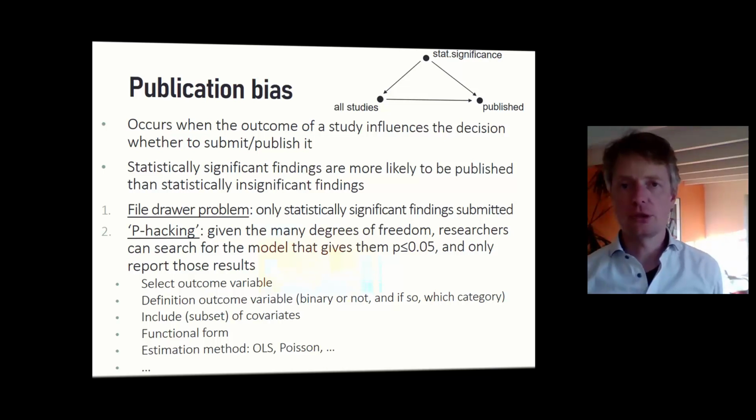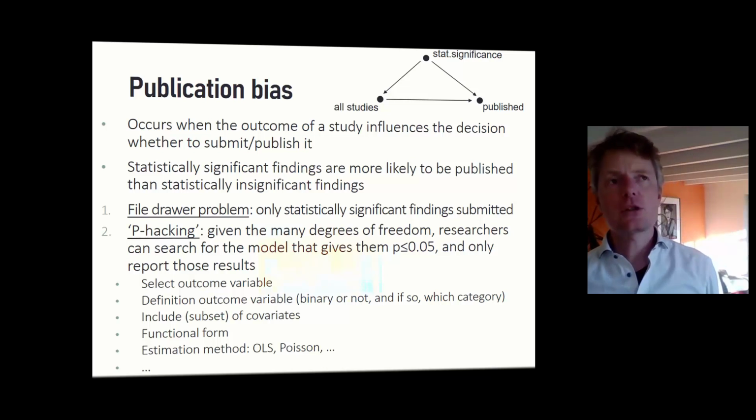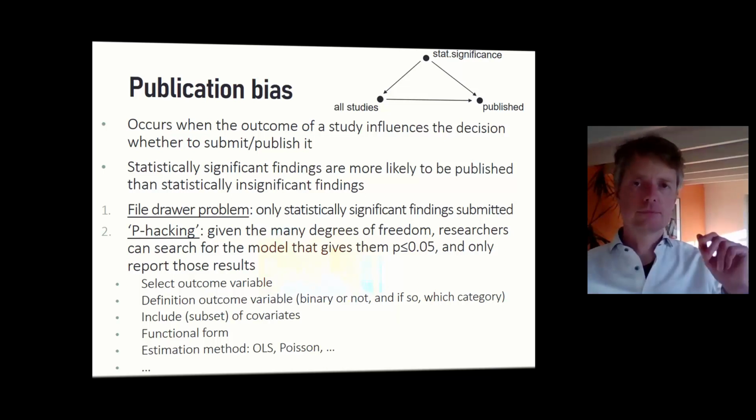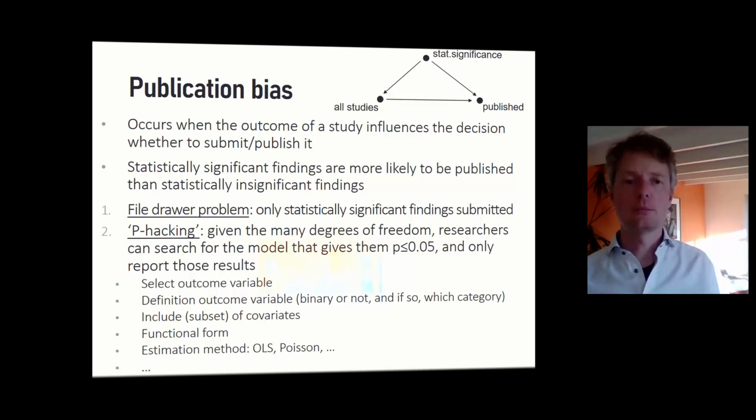That's the context that we discussed so far, and this is actually not so different, because the idea is that not all studies are published, as in the causal diagram, but there is a selection process. For instance, only studies providing statistical significance, so only studies with a positive result, are published. That is the so-called file drawer problem.